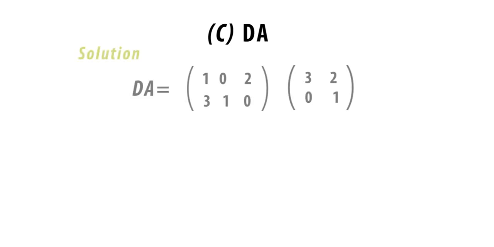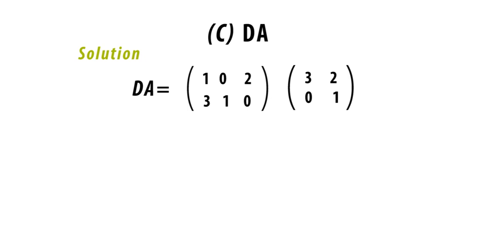Good. Let's take C. We want to find the product of DA. Solution. Matrix D multiplied by matrix A would give us 1, 0, 2, 3, 1, 0 multiplied by the matrix 3, 2, 0, 1.